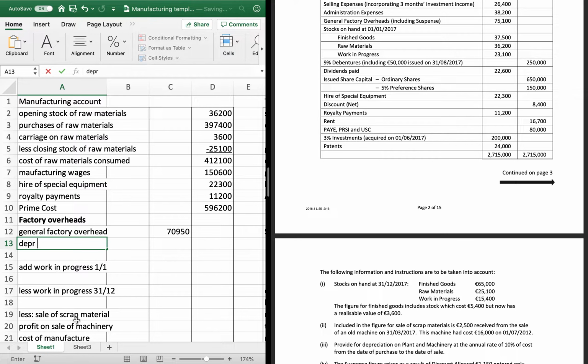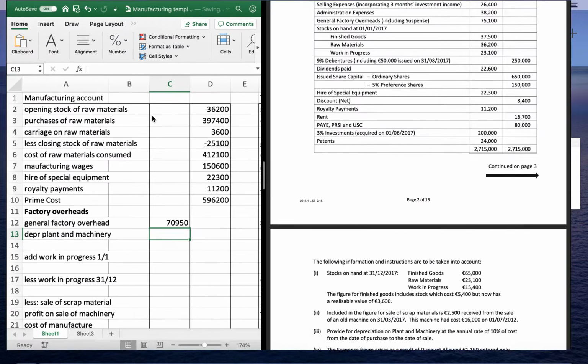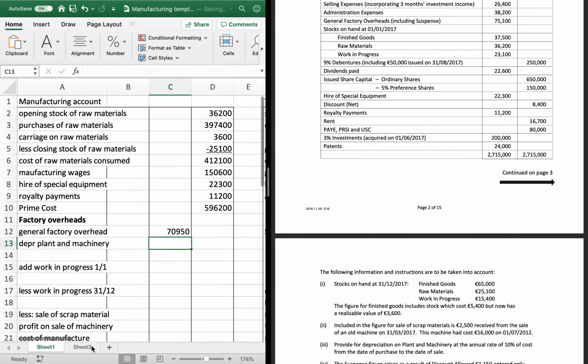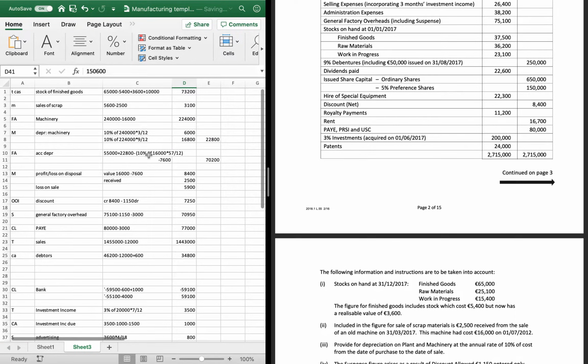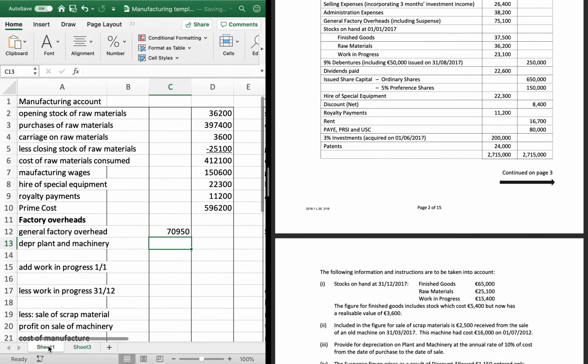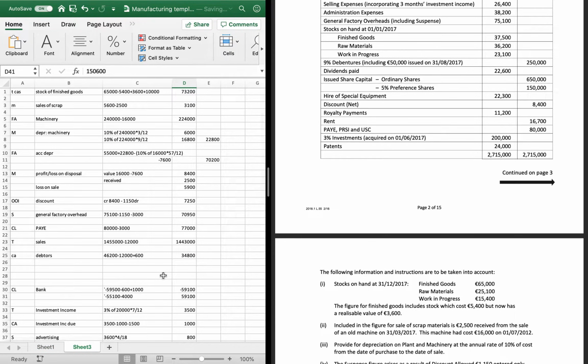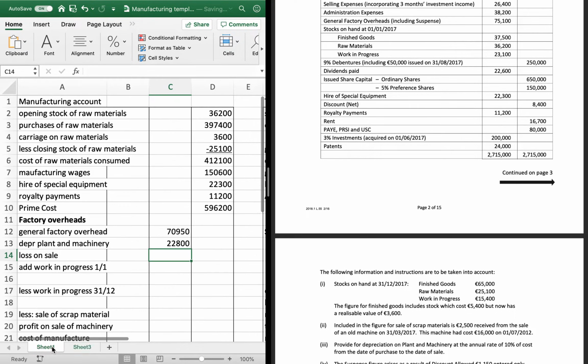So we've our depreciation of plant and machinery, which was, sorry, depreciation of machinery is 22,800. And of course we had our loss on the sale of machinery, which wasn't too much, 5,900.